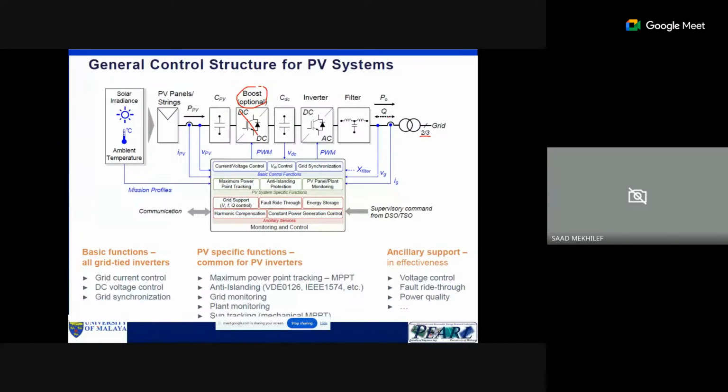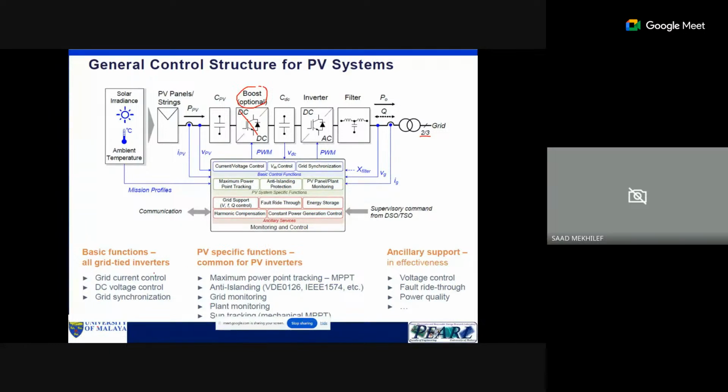From the grid side, we measure the I grid and the V grid. So those are the measurements. And this block here summarizes all the control that needs to be done with this grid connected PV system.